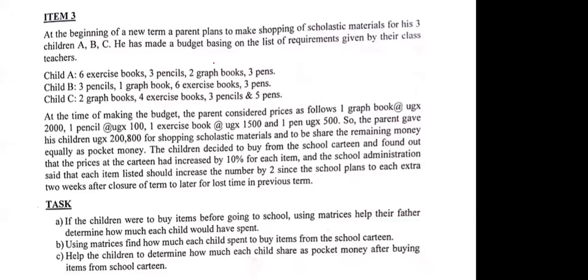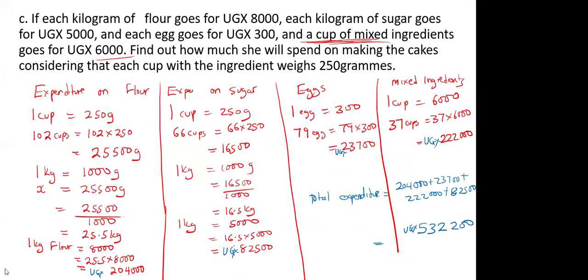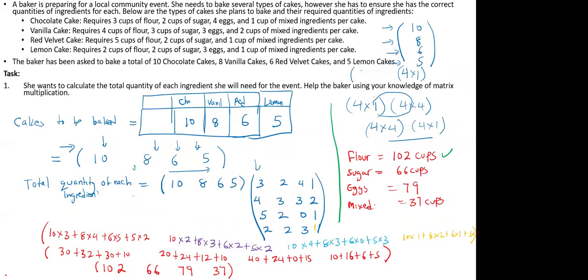There was a certain number we did of cakes and all. So, I tried another approach of making the quantity a column, and then the ingredients, like the other matrix. And it got me very different answers.